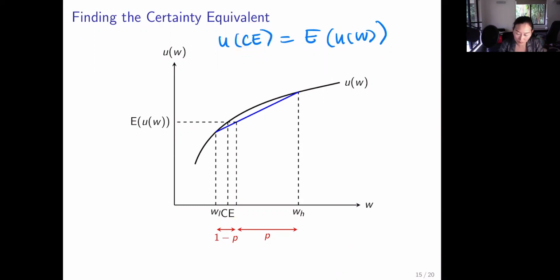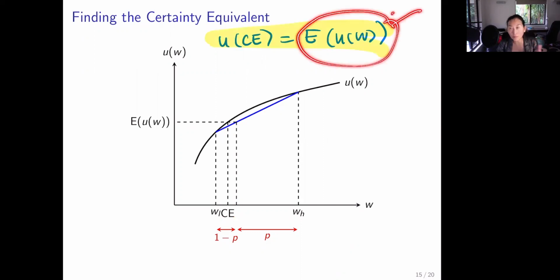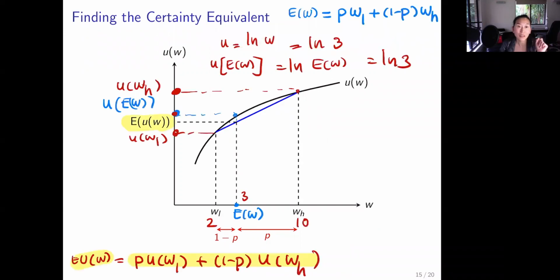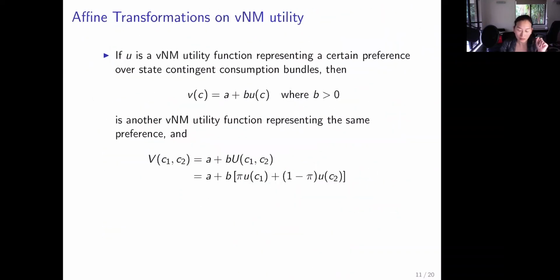So basically you just set up this equality. You can compute the expected utility value, and of course you need to know the utility function, and then you find the certainty equivalent. And you have actually already done that in the exercise that we did.